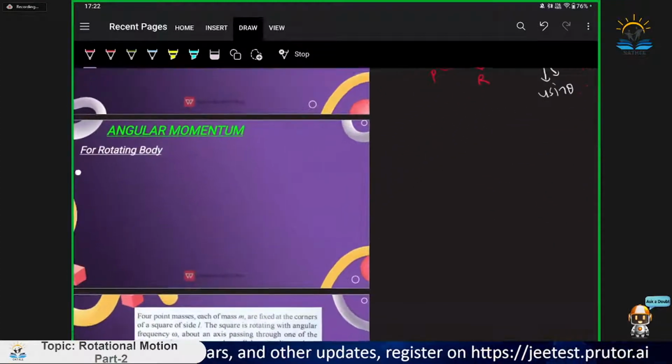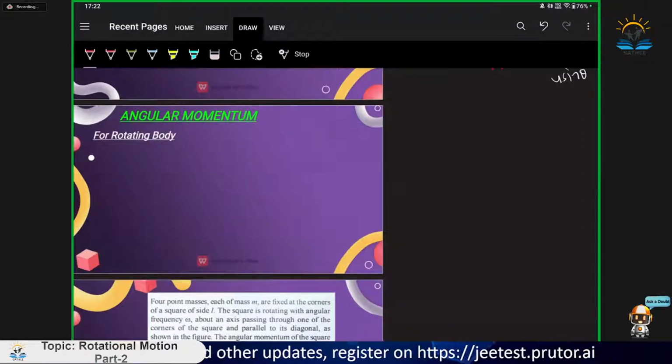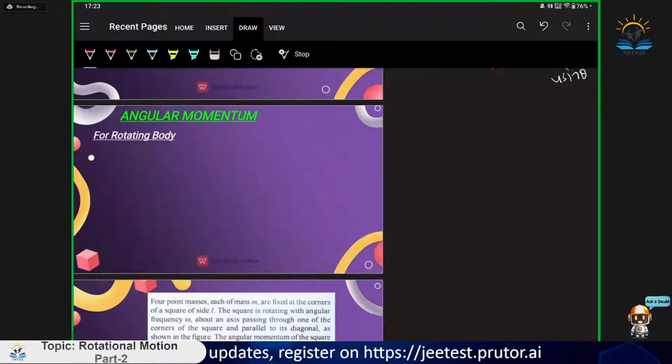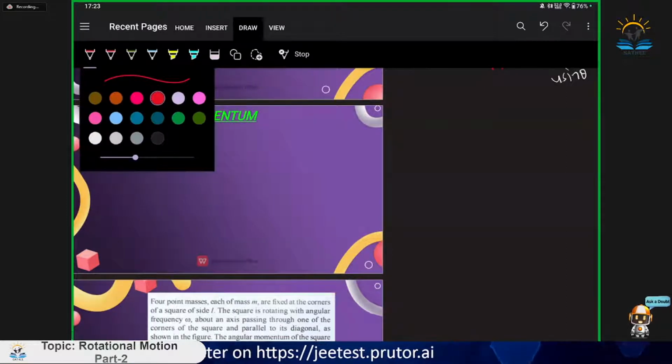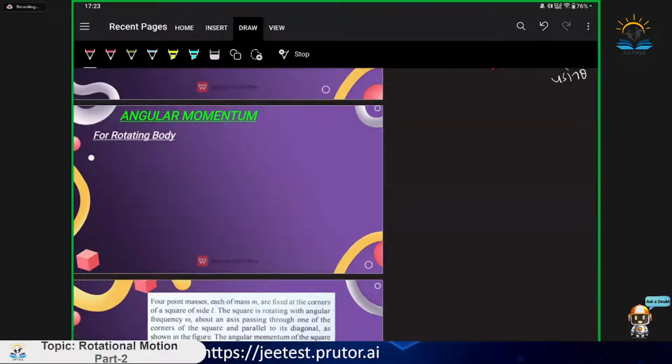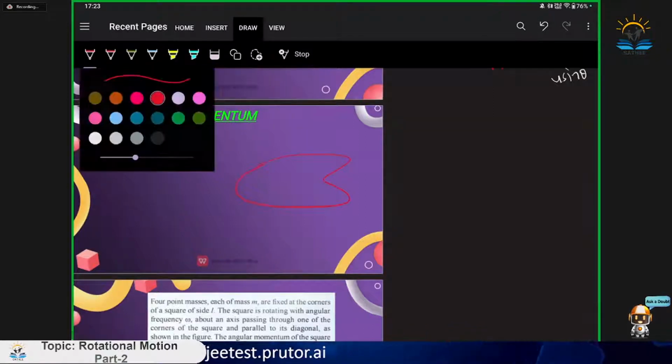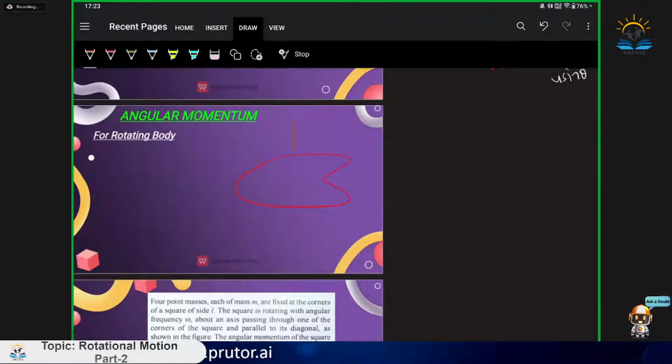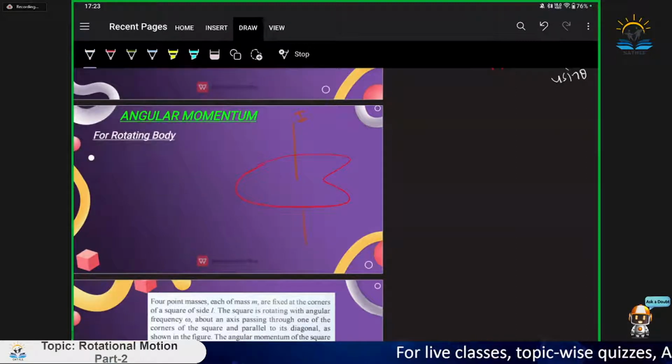Let's see next what is angular momentum for a rotating body. Very simple, just a formula only. Let me draw a diagram first. If this is our body, through this axis, the moment of inertia is I. It is rotating with angular velocity omega.